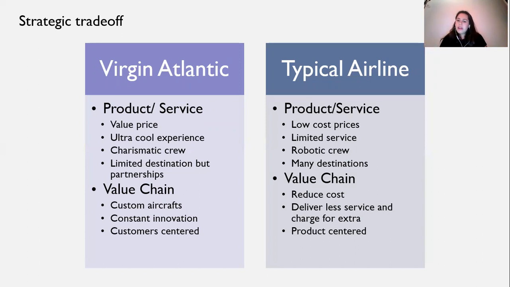In the typical airline, we have a robotic crew that sometimes you see they don't want to do their job, they're so tired, and sometimes they don't want to hide it, and probably they don't have to, but we can say that Virgin Atlantic has very motivated people working as flight attendants.